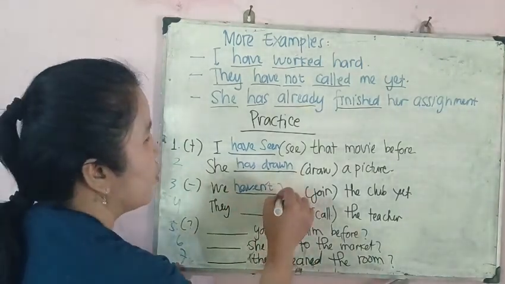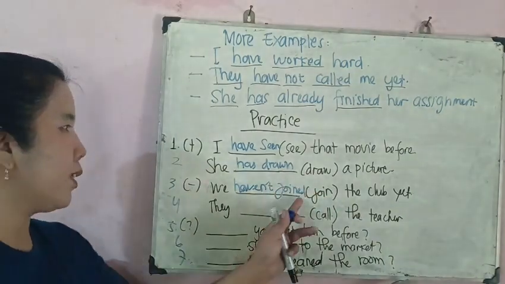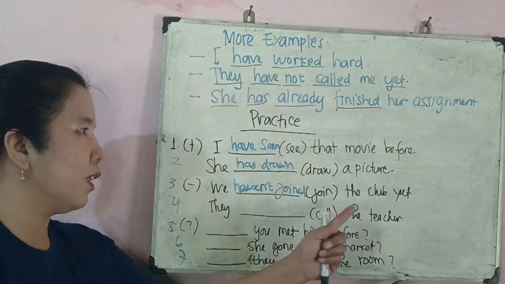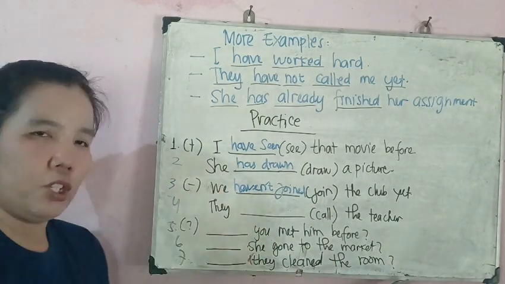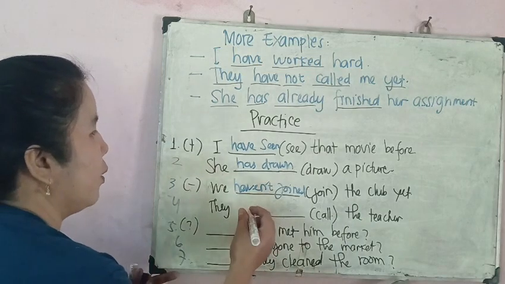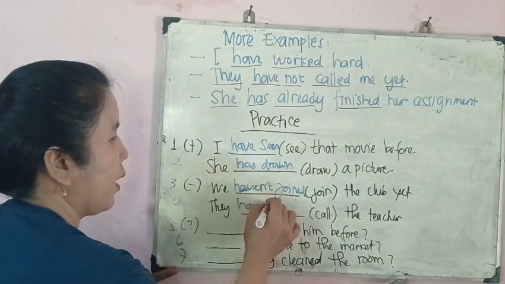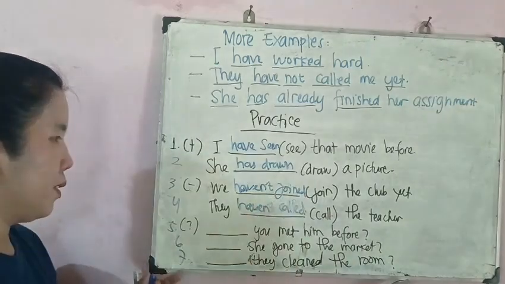Join becomes joined. We add ed at the end of the verb. We haven't joined the club yet. Next, they call the teacher. We use have. They haven't called the teacher.